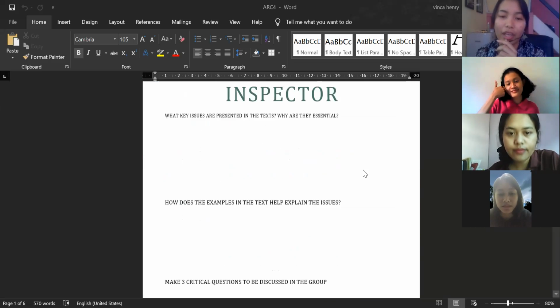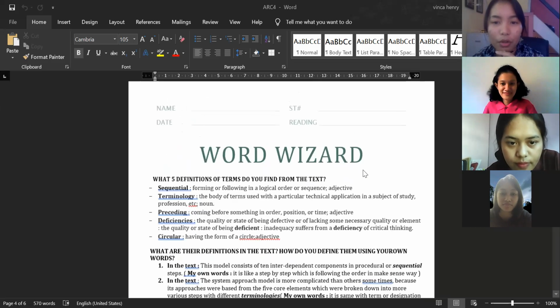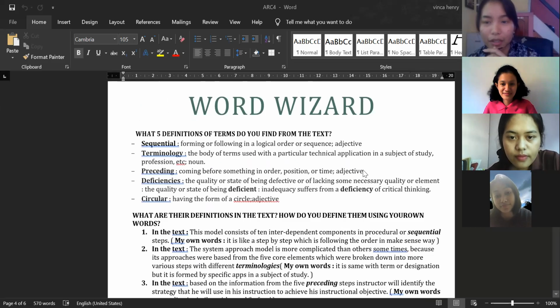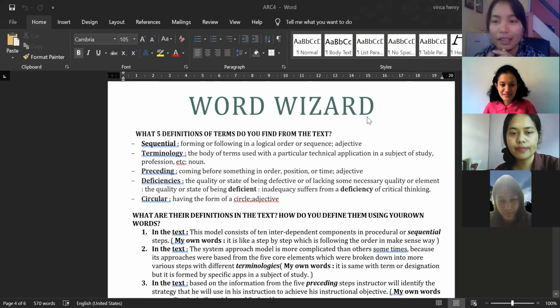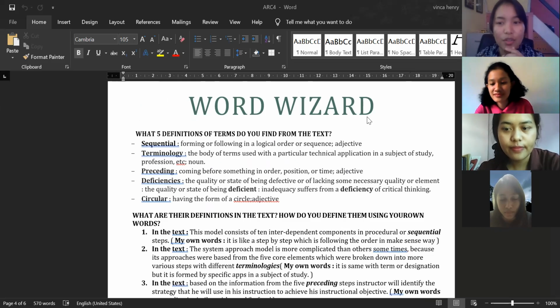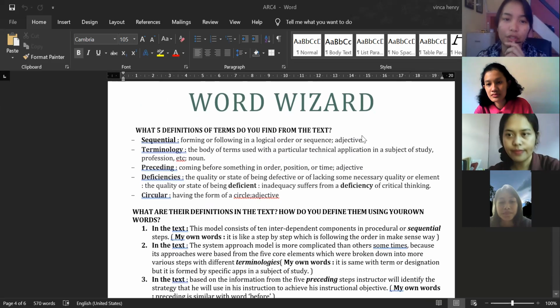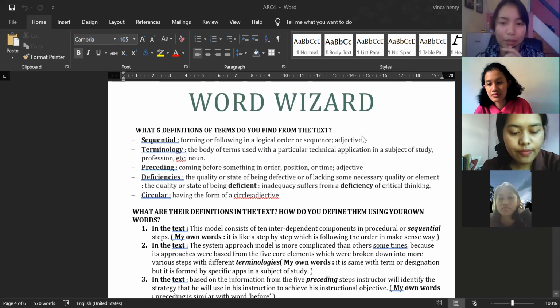Yes. Okay. So here I already have 5 words that I found new for me, but I don't know if it is new for you or not, but I will try to explain and give the definitions of them.